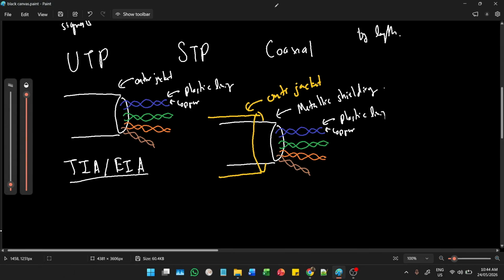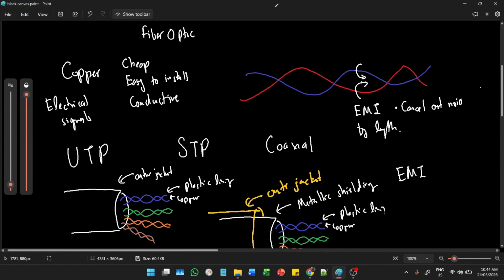So the only difference between both of these is a shielded twisted pair has a metallic shielding to fight against, or to be a little bit more preventative against electromagnetic interference.